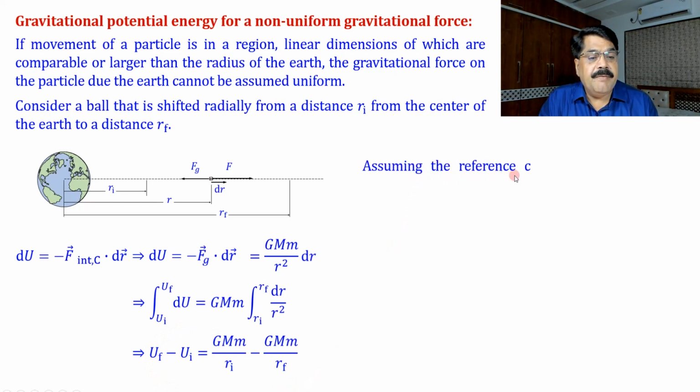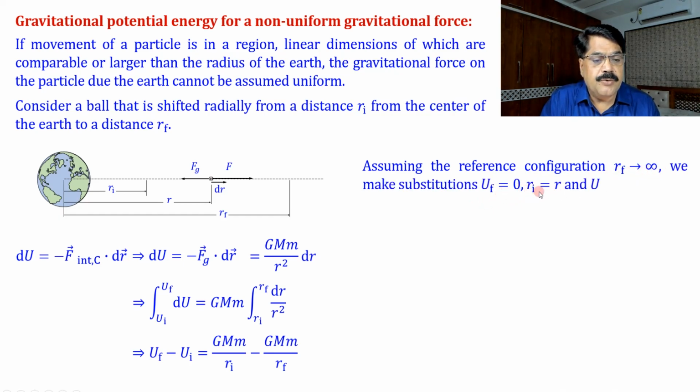Assuming the reference configuration rf tends to infinity, we make substitutions Uf equal to 0, ri is equal to r, and Ui is equal to U(r), meaning the potential energy at separation r. And rf tends to infinity, we are choosing a reference and assigning it the value 0. So what we took here, we take here 0.